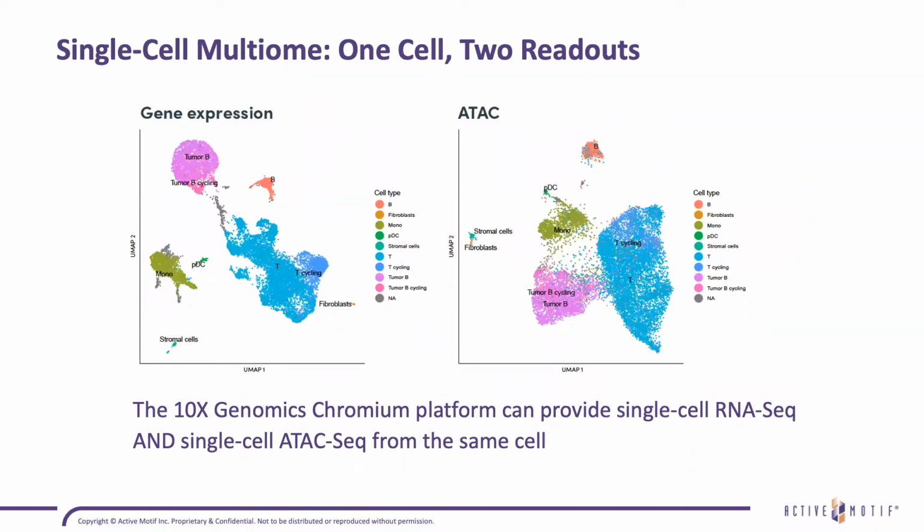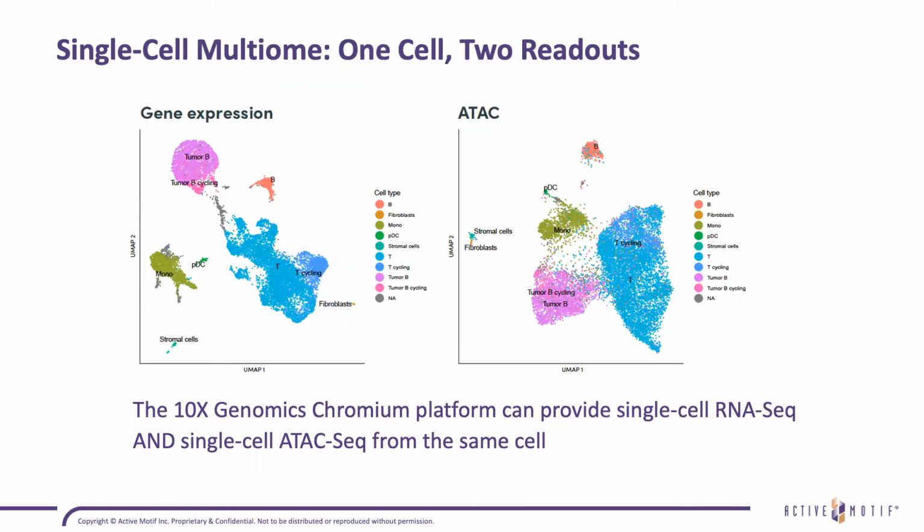Now, multiome uses nuclei as a starting material, and each gene expression library and each open chromatin library can be traced back to the same nucleus from which they were made. ATAC stands for assay for transposase accessible chromatin, and it's a way to identify epigenetically active loci across the genome.